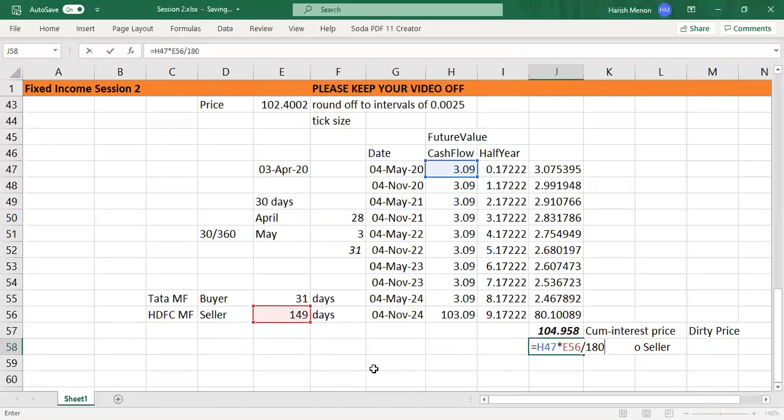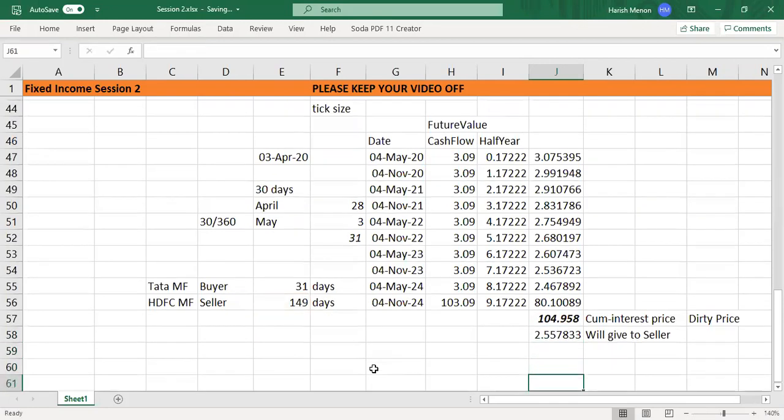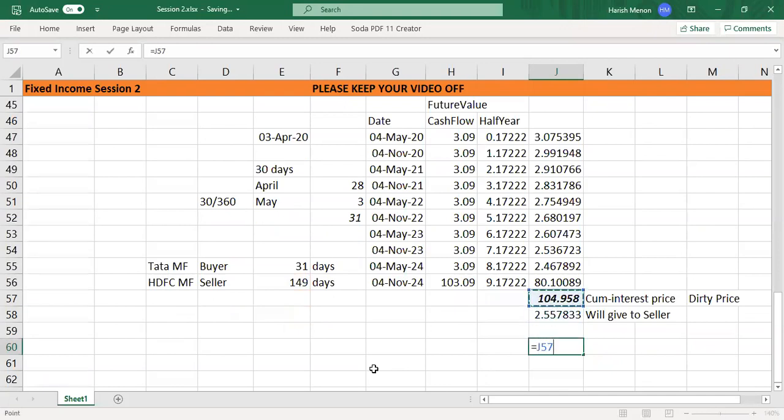We are just calculating the proportionate interest that the seller has to get. I am entitled to only 31 days. So out of 3.09, some part I will get, some part I will have to pay to HDFC today. So I will pay so much to HDFC. What is left is the clean price. This is called clean price.